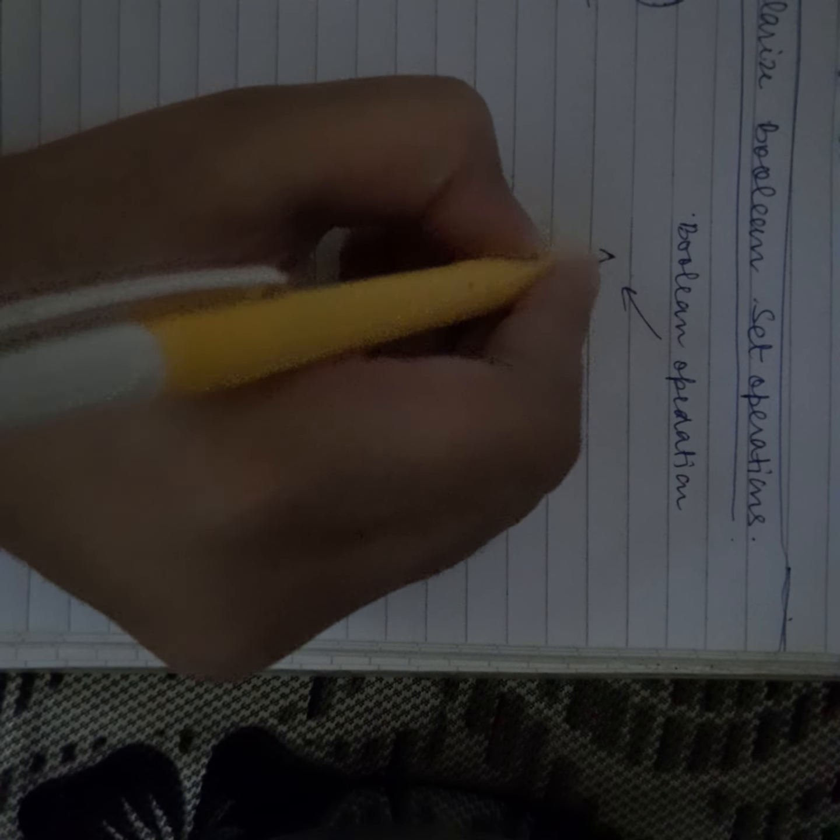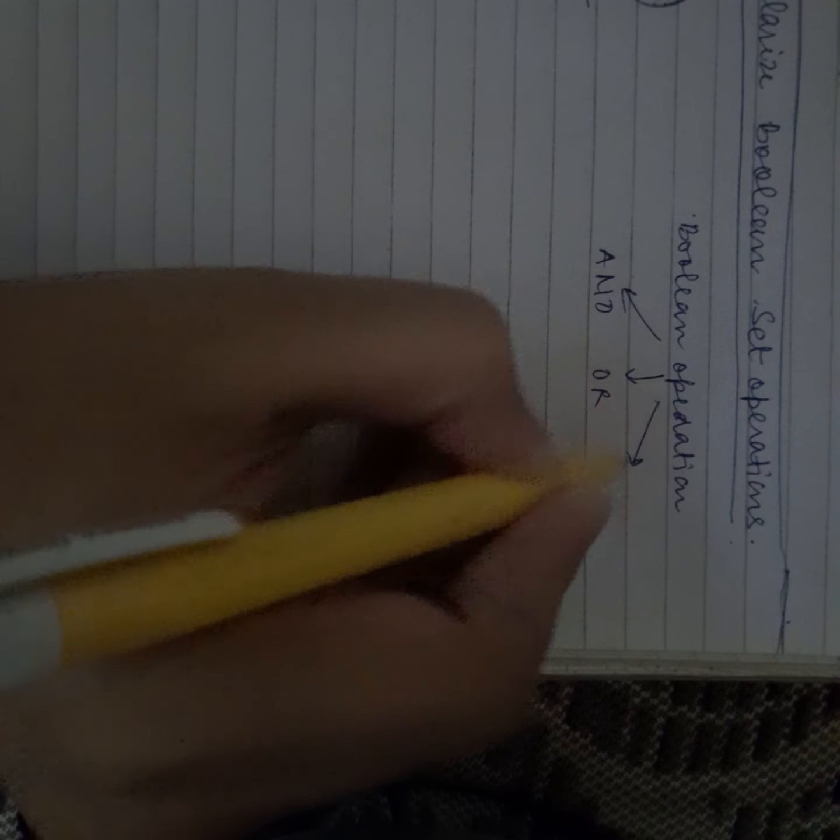Boolean operations are of three types. They are AND, OR, and NOT.